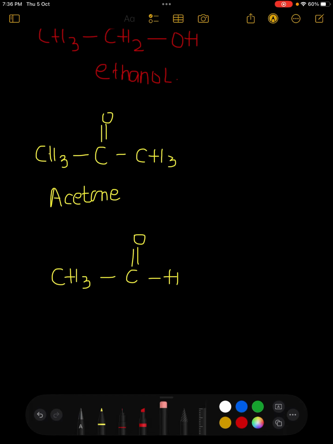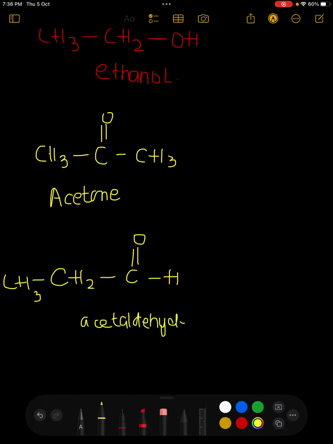Here we have 3 carbons, right? It will be like CH3CH2CHO. Now we can say this and acetone, right? So these both have the same molecular formula but different structural formula. What is the molecular formula of this?